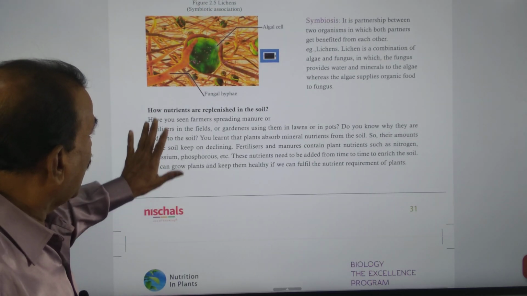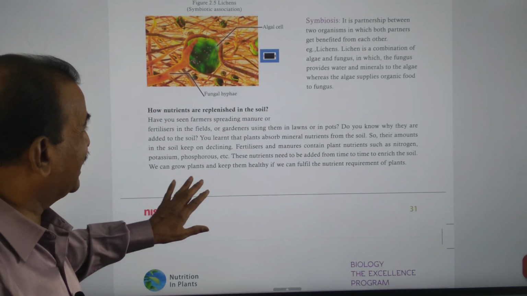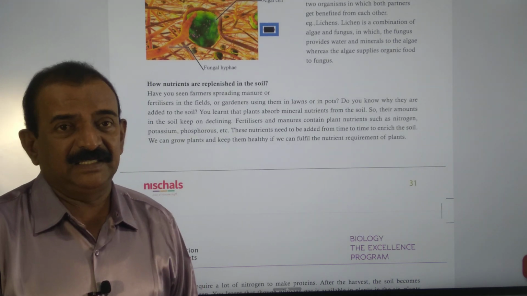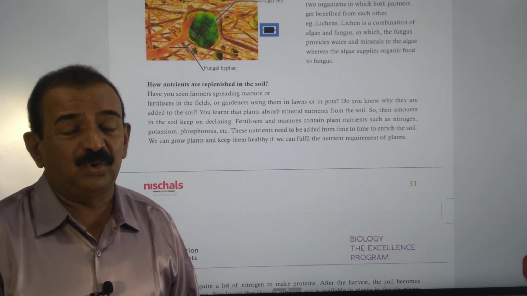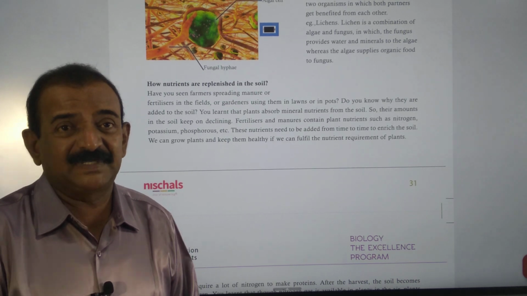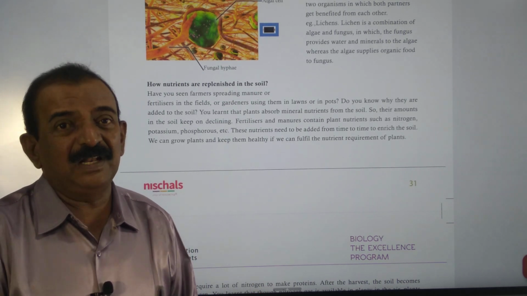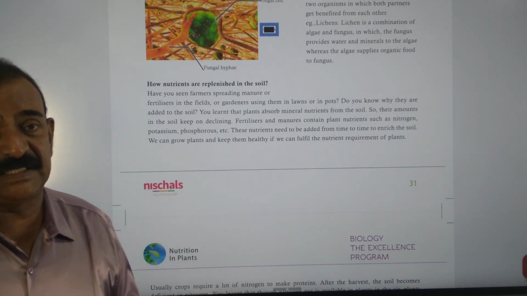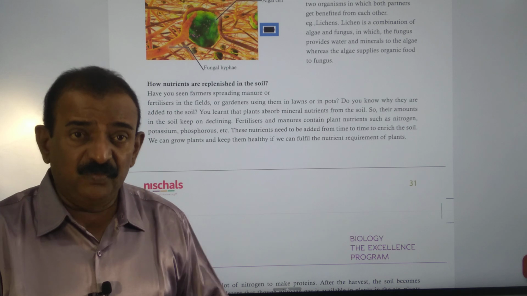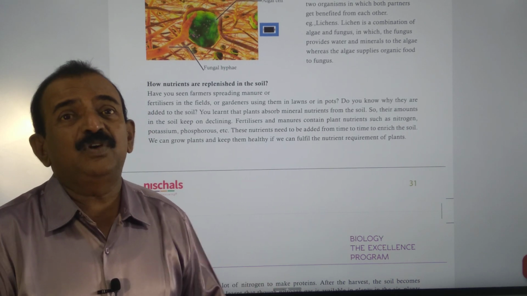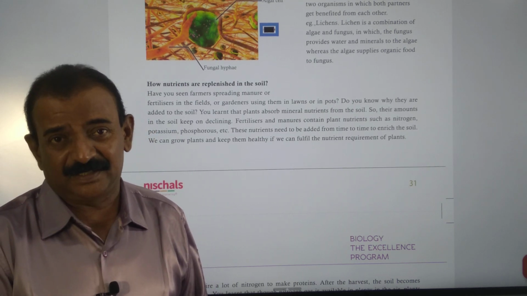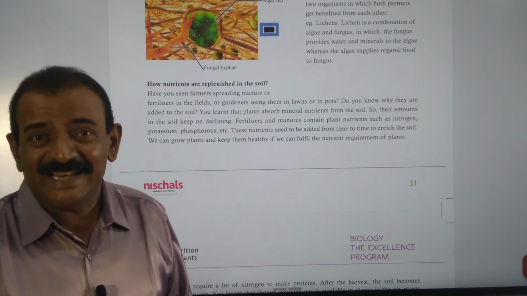Then how are nutrients replenished in the soil? Here soil is a bed for the growth of different types of plants, and soil should consist of nutrients. Children, we discussed that we need food, we need a diet. The food we eat is called a diet. Our diet should consist of nutrients, and food is nothing but energy.